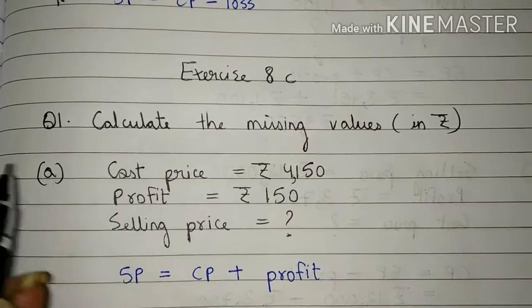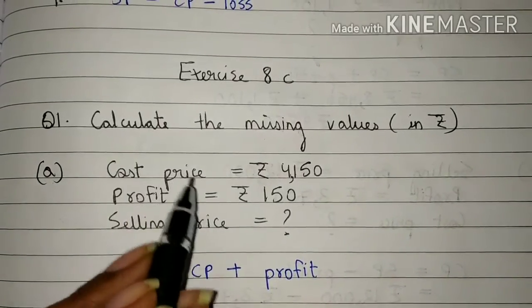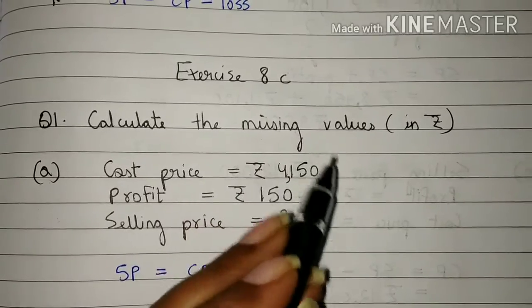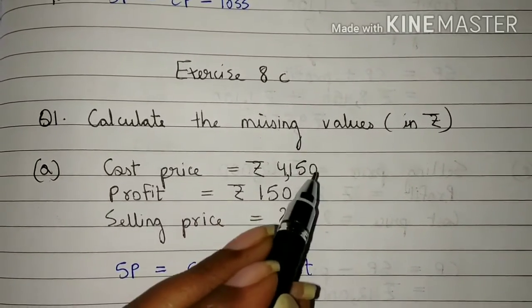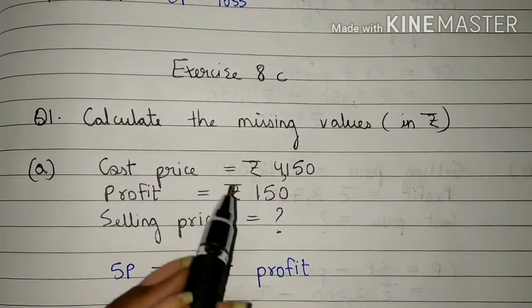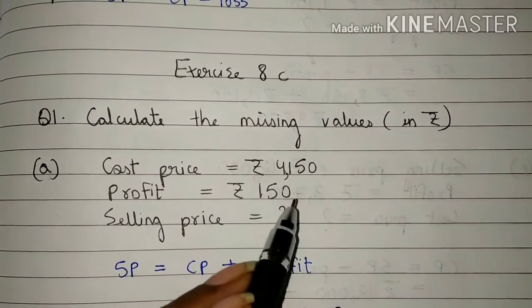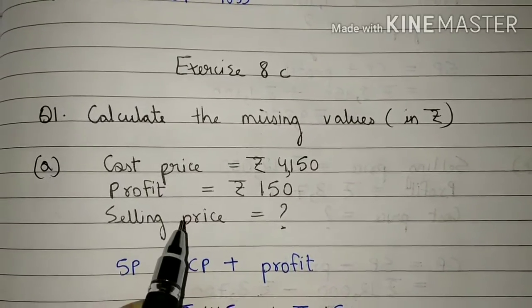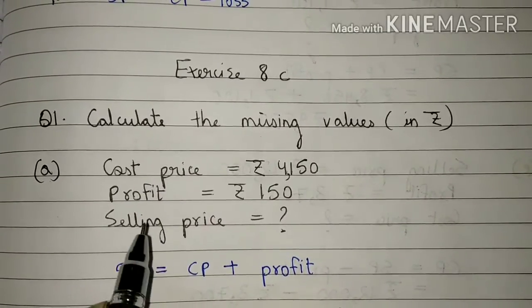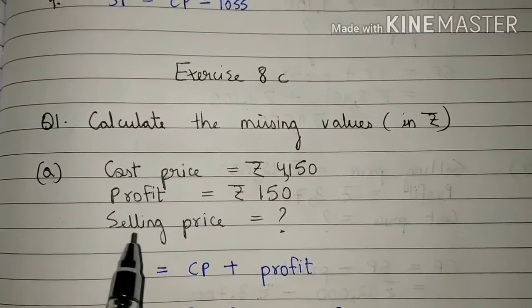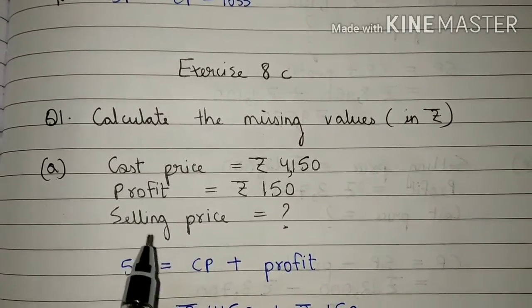A part, cost price is given, that is rupees 4,150. Profit is given, that is rupees 150. And students, there are two blanks. One is for selling price and the other is for loss.